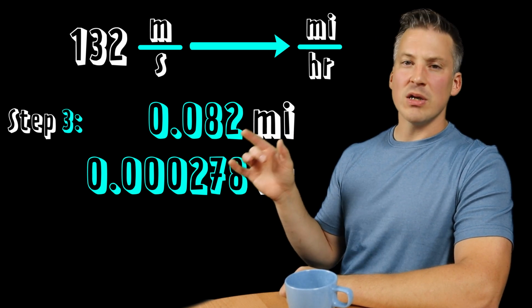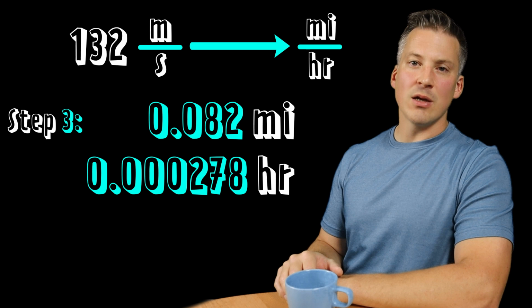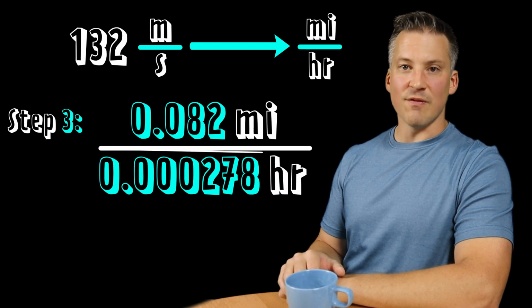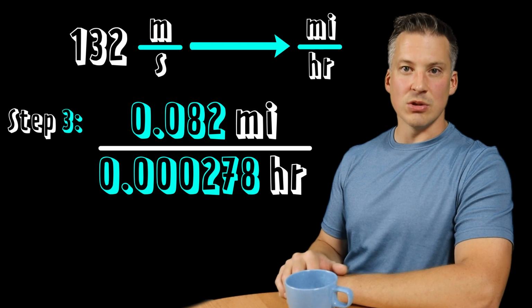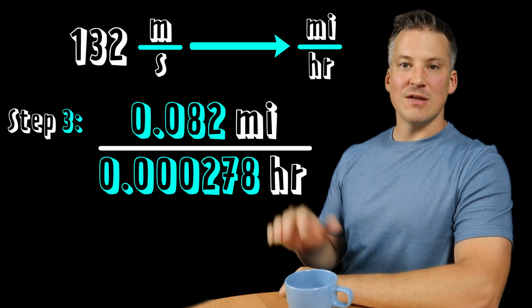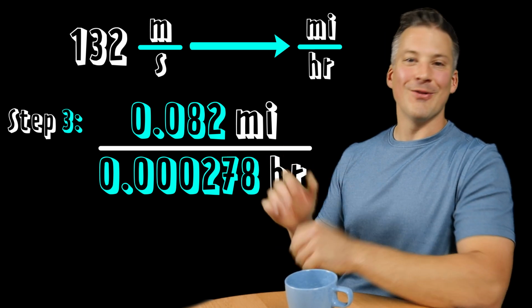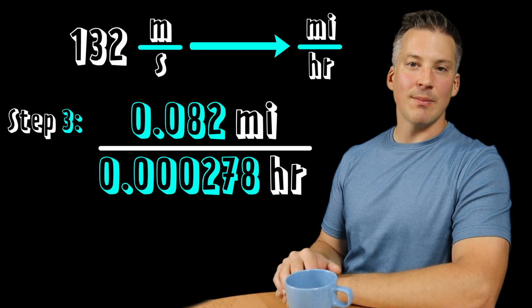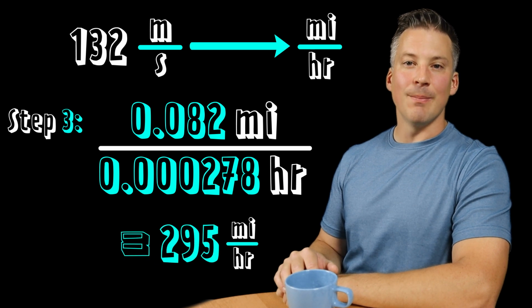So we take the 0.082 miles and divide it by the number of hours we found, 0.000278. When we do that division, we get our answer in miles per hour, about 295 miles per hour.